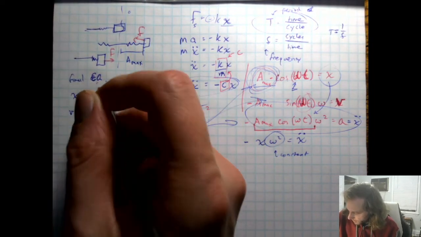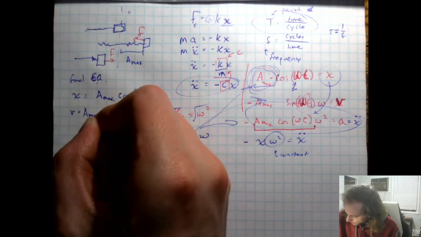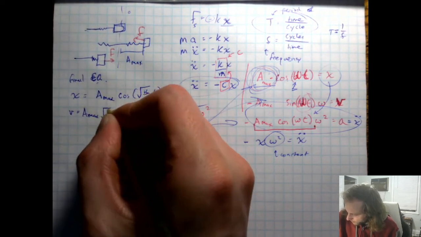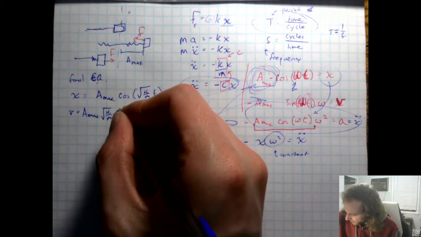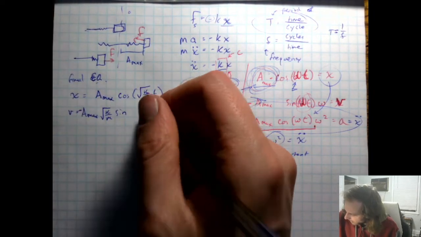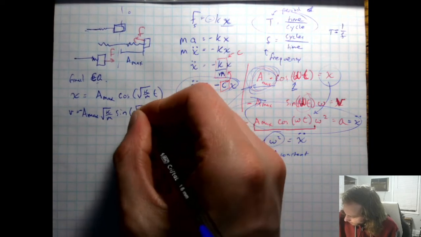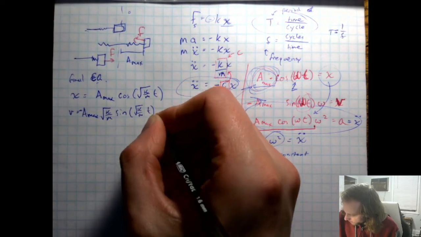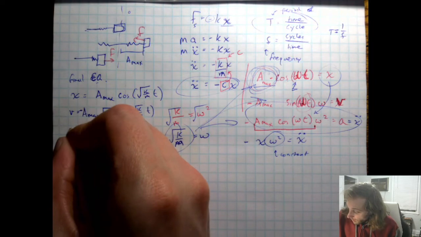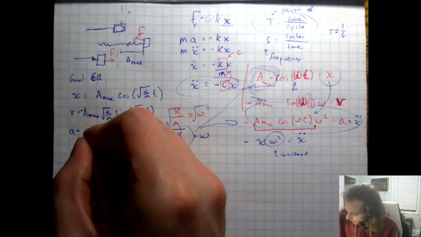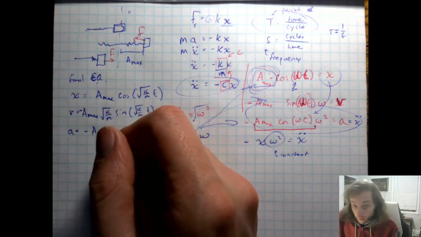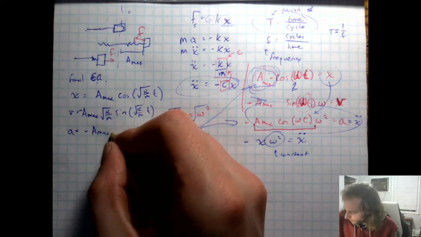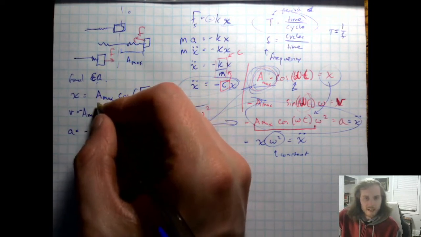Our velocity is going to equal our amplitude times the square root of k over m, or omega, times the negative sine of the square root of k over m times t. Our acceleration is going to be negative our maximum amplitude, or our maximum location, which we could just be calling x max.